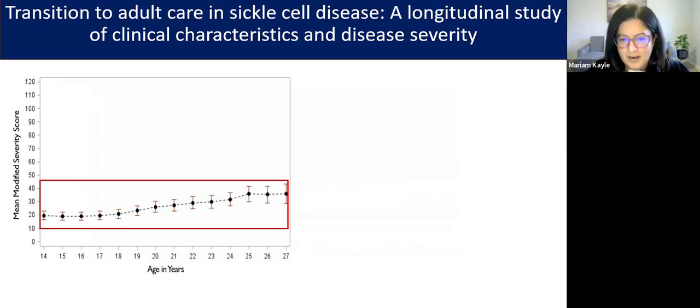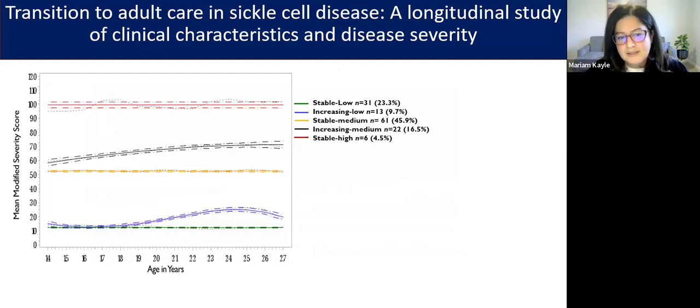So we ran the models, again with a two-stage selection process, and ended up with a five-group model. In retrospect, because of the small sample sizes, which you can see there, I would have chosen a two-group model, one that has increasing severity and one that has stable severity.